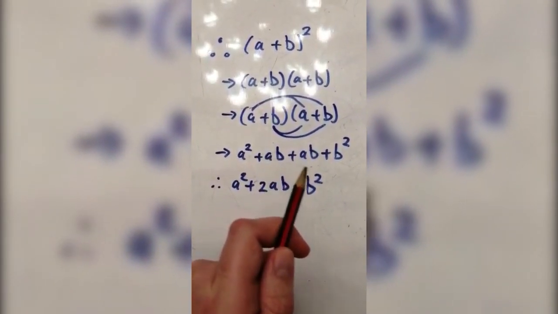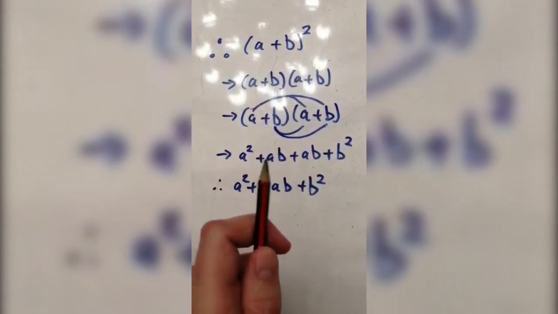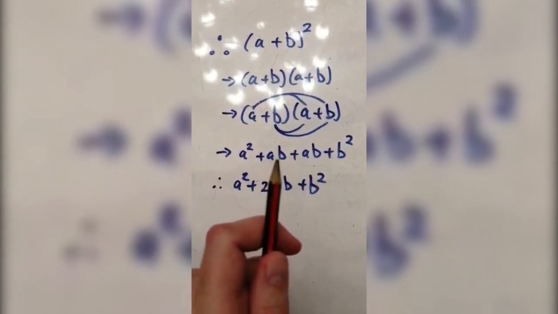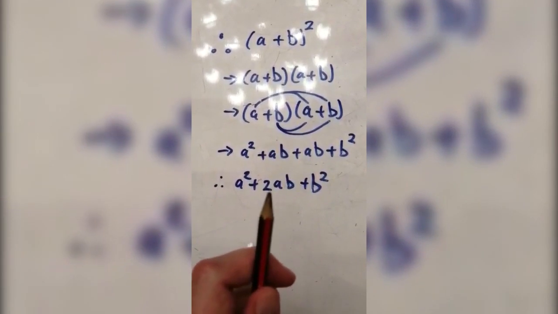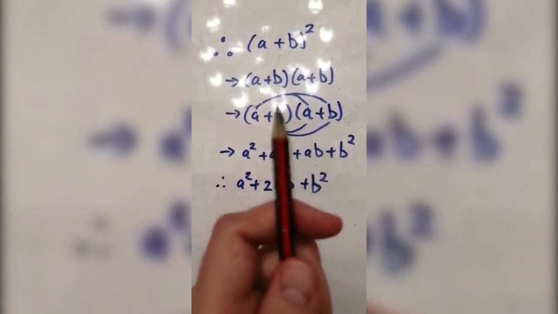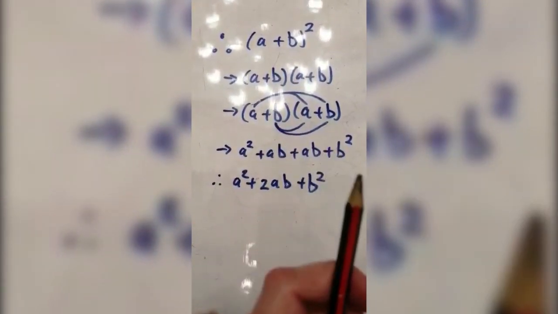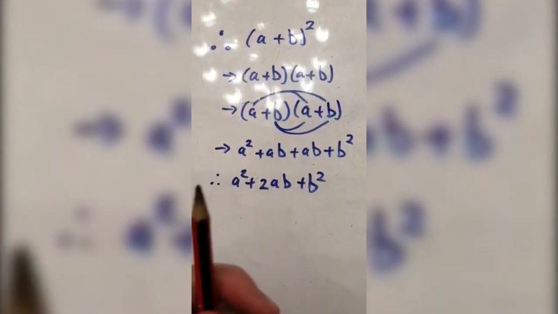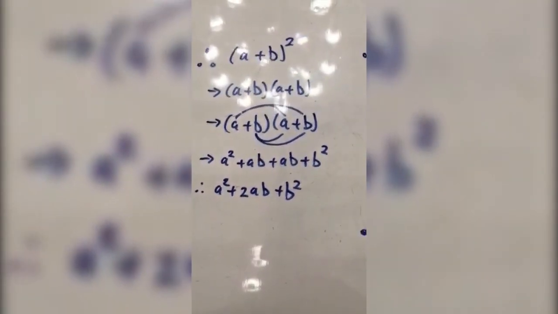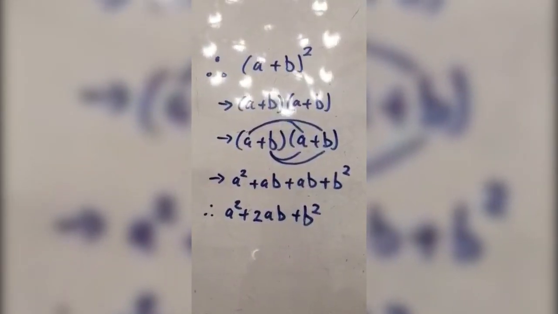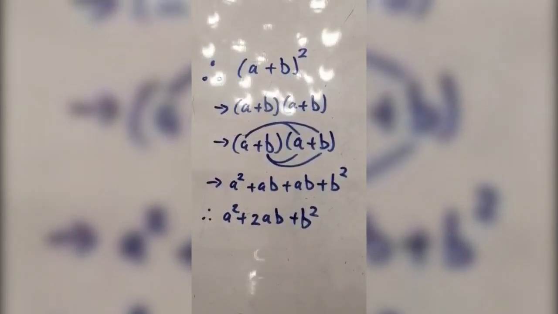That's why they accumulate: ab added to ab is twice ab. And then finally, b times b is b squared. So in total, we've got a squared, 2ab, and b squared. That's the simplest form for squaring the binomials.